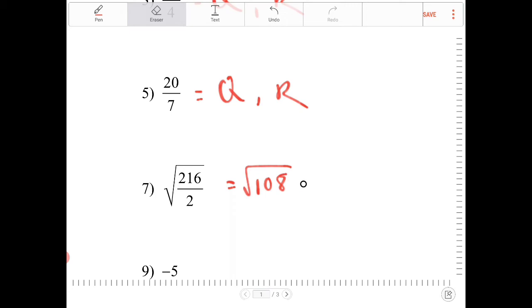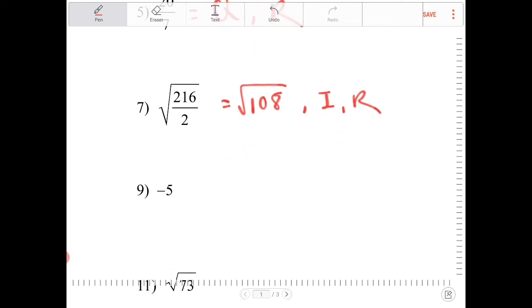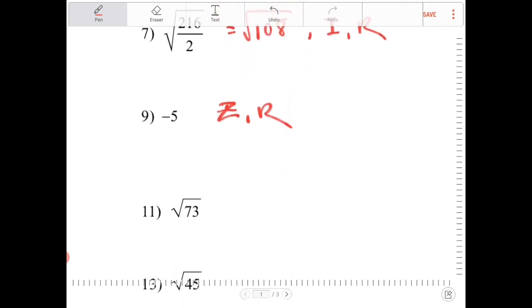Because it's not a perfect square, I immediately know that it's not going to be rational. So this is going to be irrational, and it's a real number. -5 is an integer, and it's a real number.